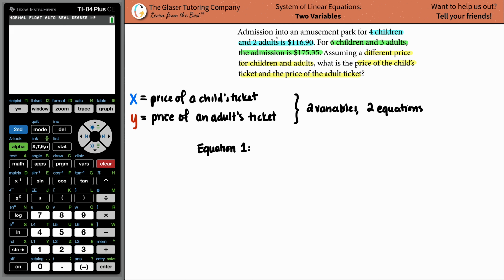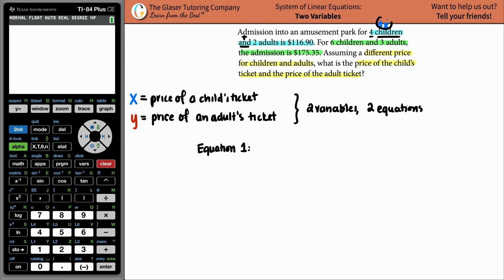Start from the top. They say that admission into an amusement park for 4 children and 2 adults is, use those context clues. We have 4 children, and we don't know the price of the children's ticket, so it's going to be 4 times the children's ticket, which is X. So this would be basically 4X. Literally 'and' means addition.